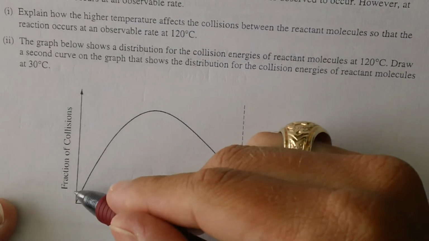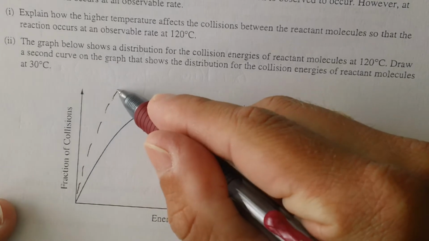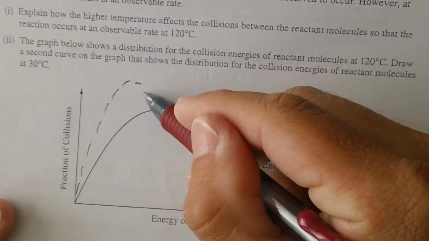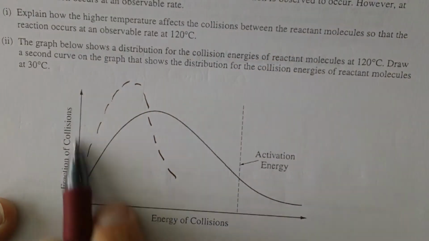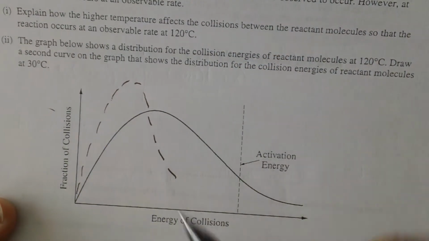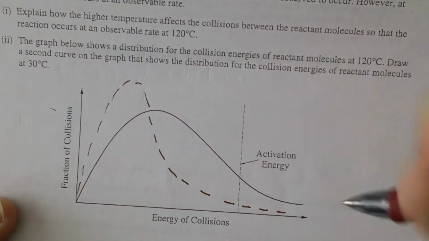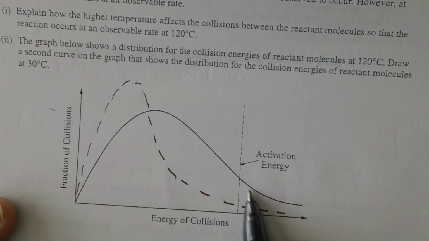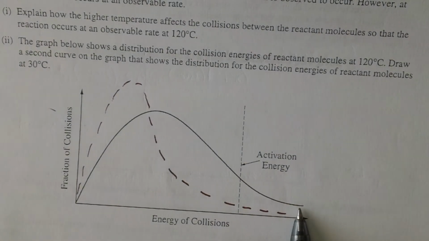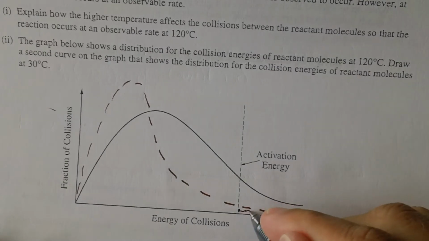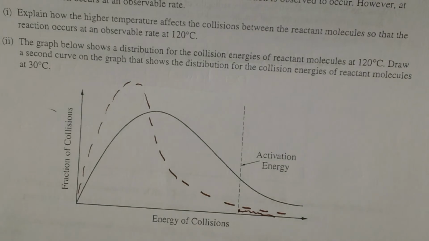And so this curve should be higher initially, like this, where more of the particles have less energy, and then that line should finish lower than the original, the 120 degree number of particles. So there are fewer particles over here that have the required activation energy.